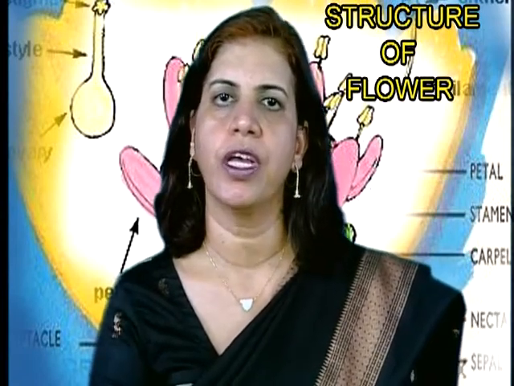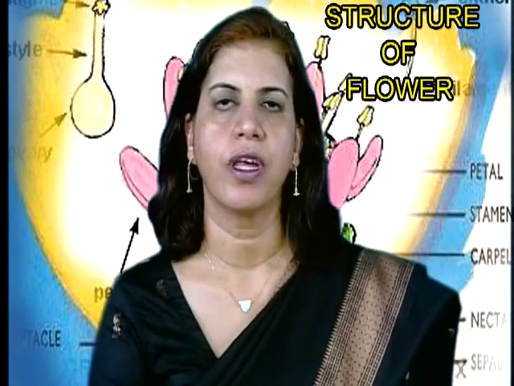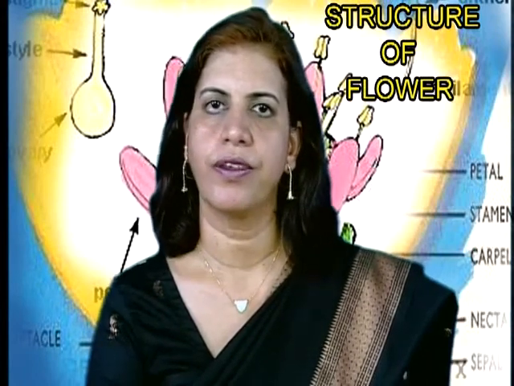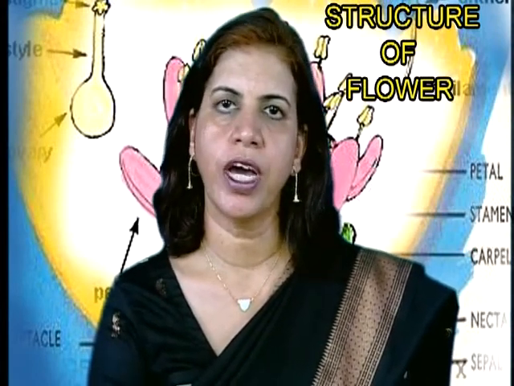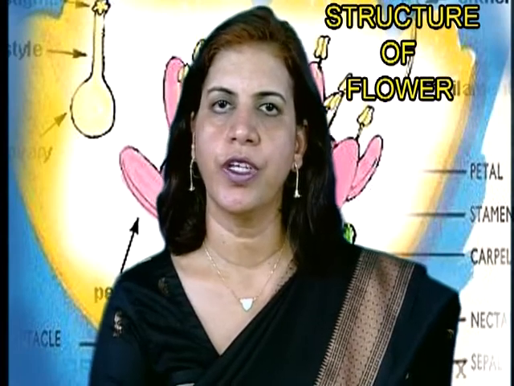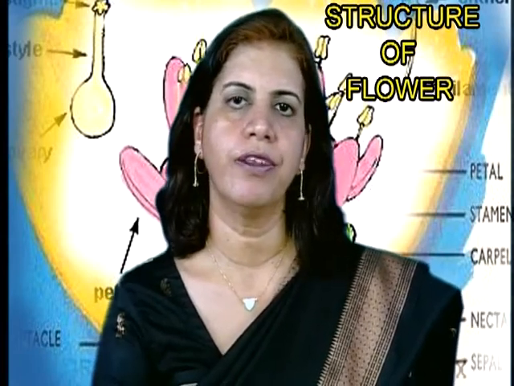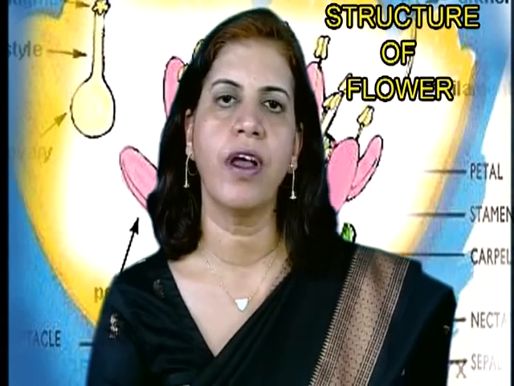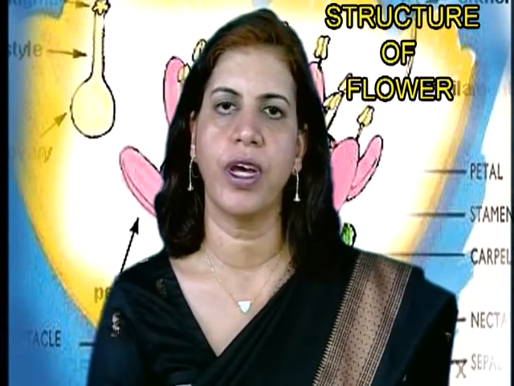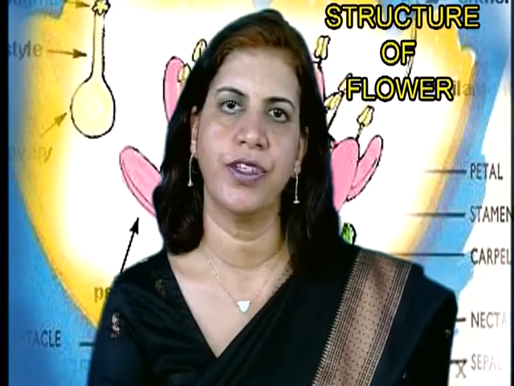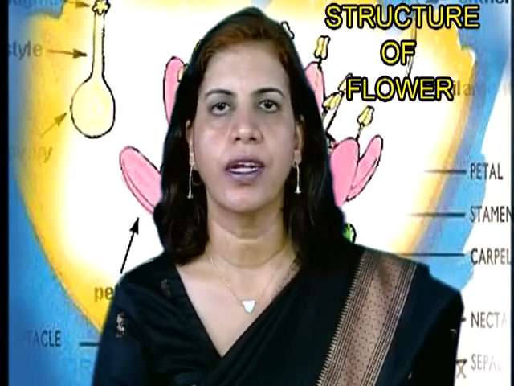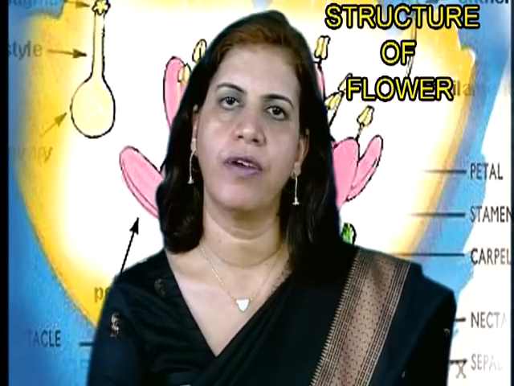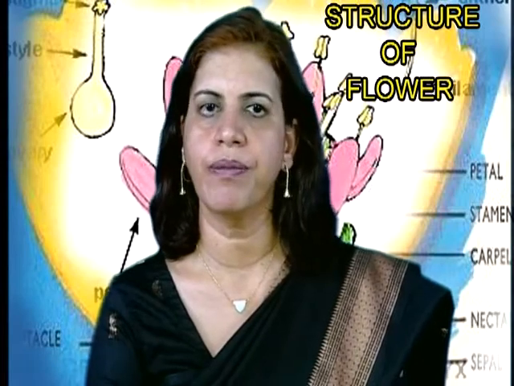Flowers exhibit wide variation in size, shape, color and arrangement of floral parts. That means in flowers there is a lot of variety in these features. However, all flowers have the same basic plan.